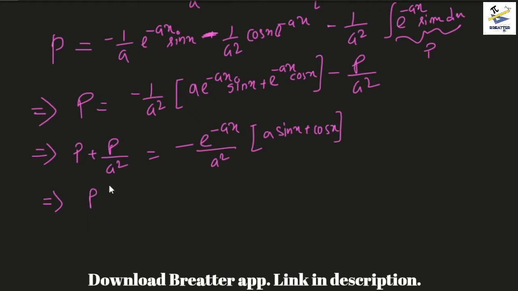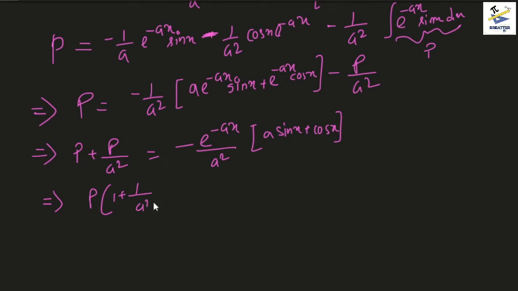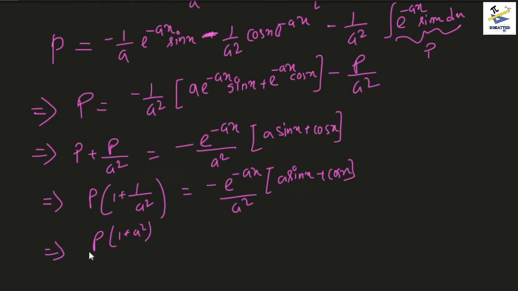This gives me p whole into 1 plus 1 by a square equals to minus e to the power minus ax whole into a sin x plus cos x by a square. And simplifying this, we get p into 1 plus a square by a square equals to minus e to the power minus ax by a square into a sin x plus cos x.